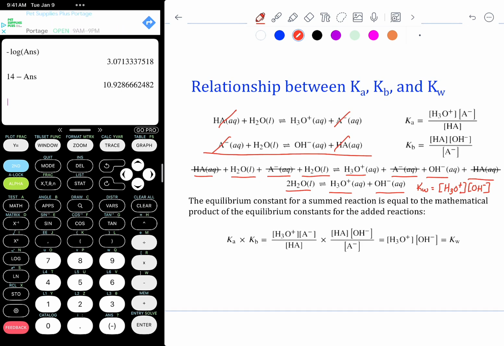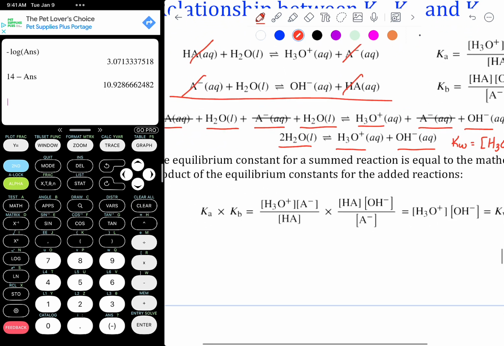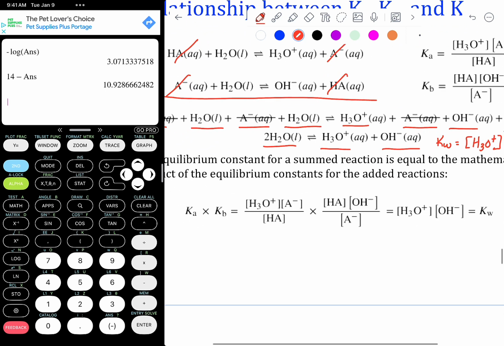However, we can use those two equilibrium constants of the acid and the base reaction, and multiply them together, because the equilibrium constant for a summed reaction is equal to the product of the equilibrium constants for the added reactions. So we can see here that Ka times Kb is equal to H3O plus times A minus over HA, multiplied by HA times OH minus divided by A minus.